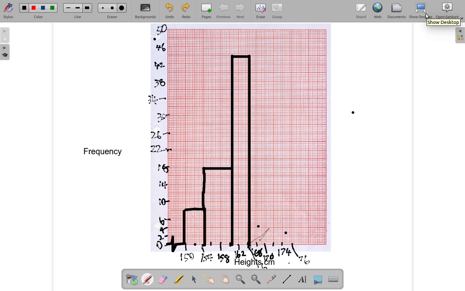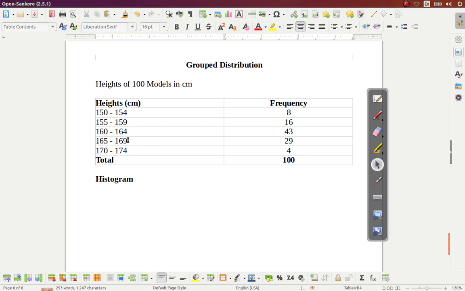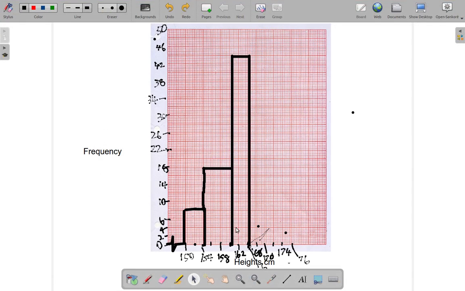And this is 165 to 169, 29. So 165, you don't start exactly at 165, you start just to the left of 165. So remember, you ended the previous bar to the right of 164, and you start the next bar to the left of 165.